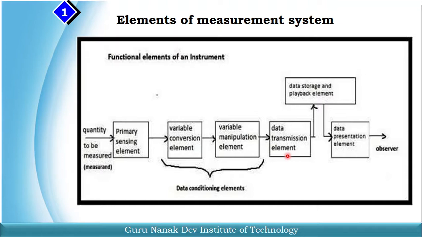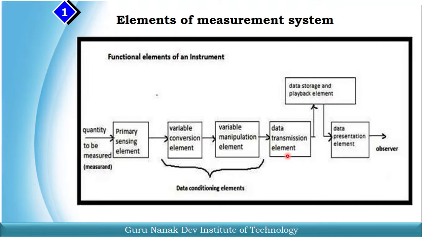Data transmission element means to modulate the signal and send it from one point to another. For example, in a satellite control system, the position of the satellite is controlled from the earth. For that the data needs to be transmitted from earth to satellite and satellite to earth.